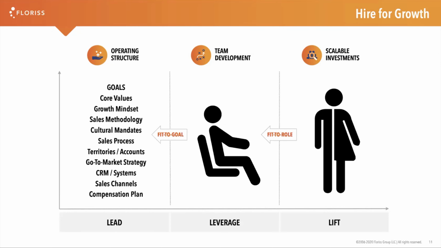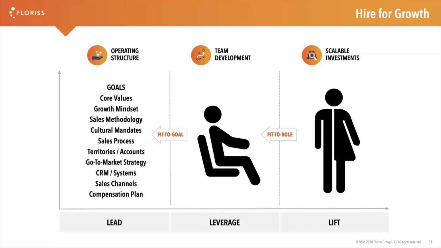And what ends up happening is, over time, that level of evolution creates a lack of alignment in the organization. The alignment we started with now is getting weaker and weaker, and therefore it's getting harder and harder for us to hire for growth because we're hiring for a moving target, a target that we haven't defined effectively.